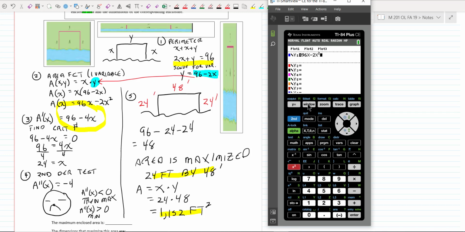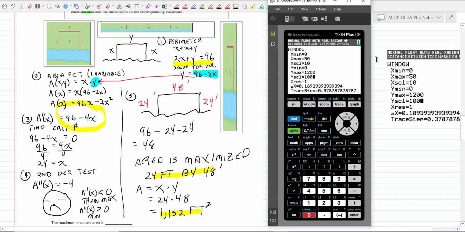For a window, we probably have to go up at least to about 48, so I'll go 0 to 50, scale by 10. The maximum area was 1152, so I'll go 0 to 1200, scale by 100. When we graph this, you'll see a maximum there.